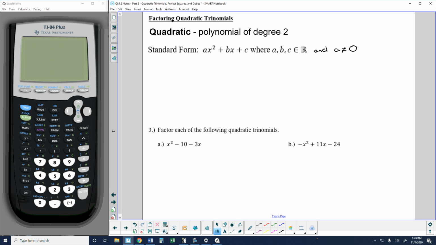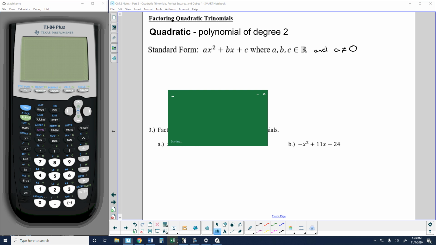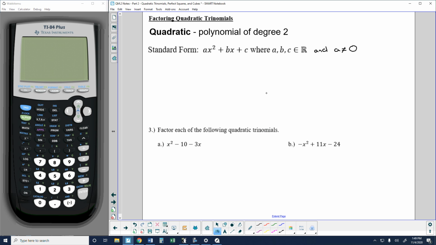For quadratic trinomials, we have a process, a key concept into factoring these. Let's take a look at two binomial multiplications. Let's say we have x minus 2 times x plus 1.